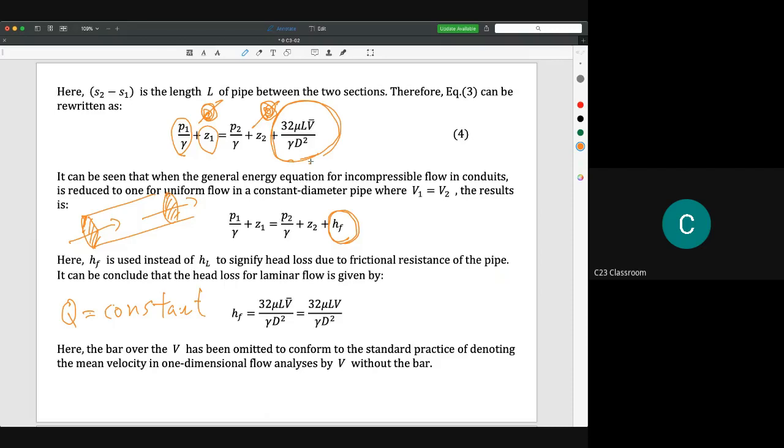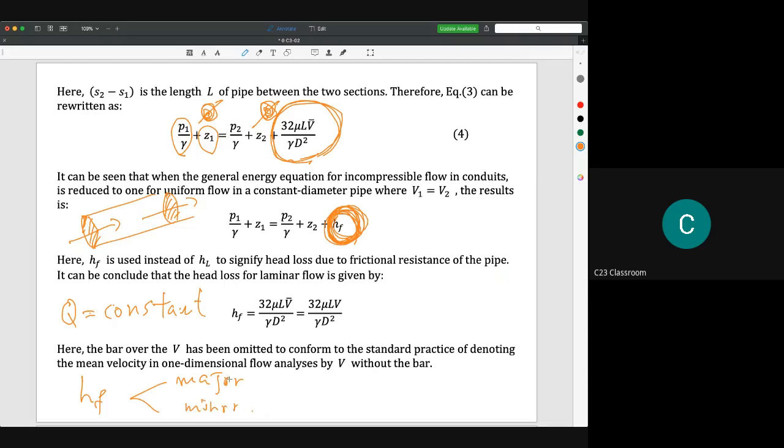The extra term here is actually the losses. Losses means the resistance that fluid needs to overcome before it could reach its desired destination. I think you already know about the losses inside a pipe flow. The surface friction, you mean? Okay, the losses are divided into two: major losses and minor losses.